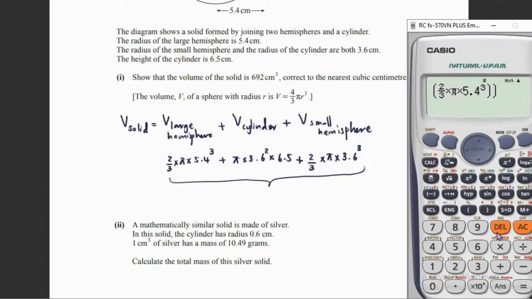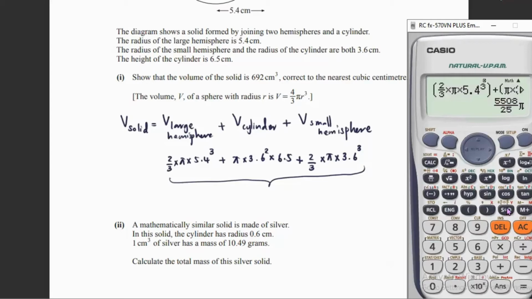I need to add this with pi times 3.6 squared times 6.5. Then add this with the volume of the smaller hemisphere, which is 2/3 times pi times 3.6 cubed. So I'm going to close the brackets and find the answer.